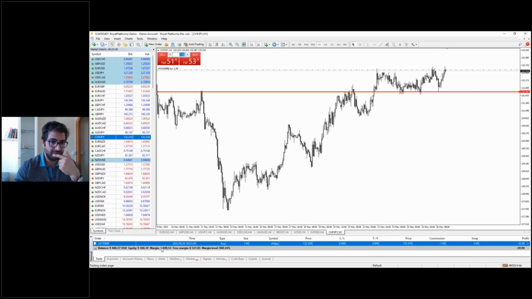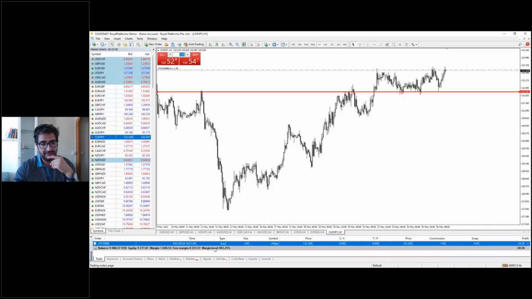So to come up with what is equity, equity is free margin plus margin. If you need the balance, balance is equity plus the P&L here. So balance is equity plus the P&L, how much we're losing or making money. But for equity, it's margin plus free margin.